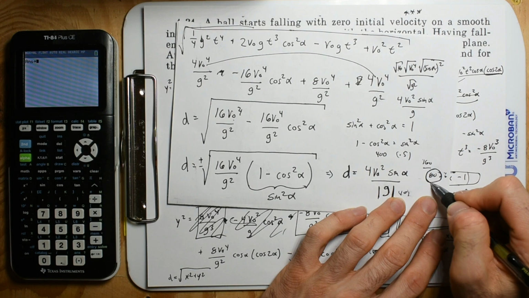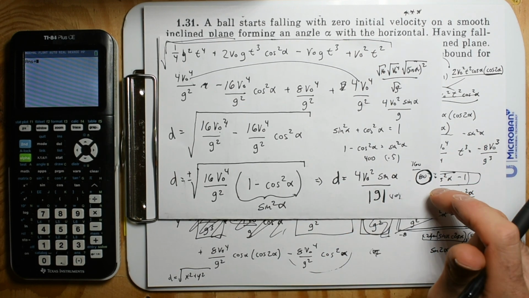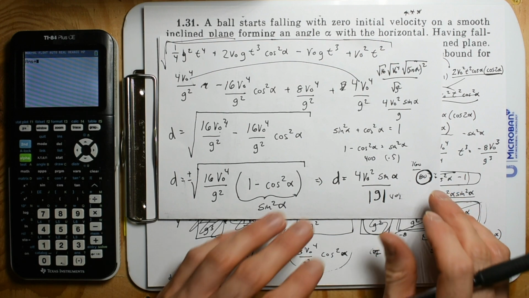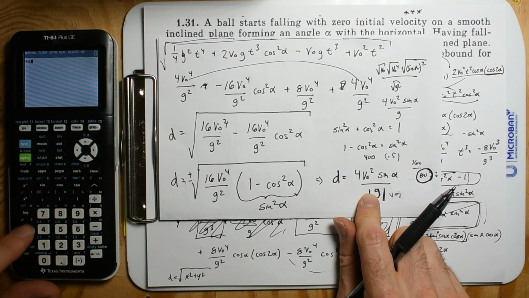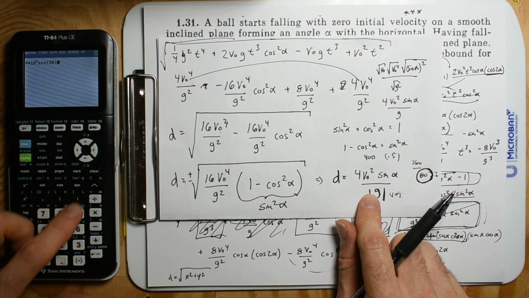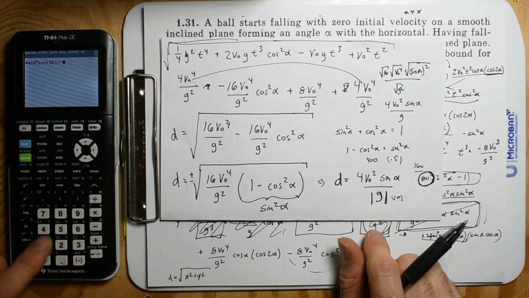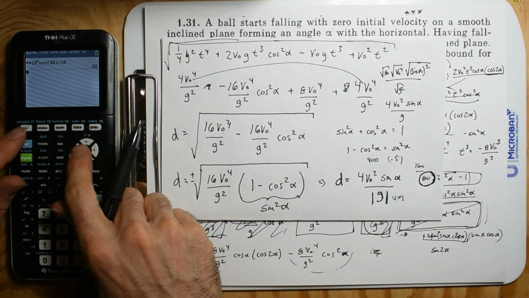The answer that I got was just really close to 80. I actually didn't solve it 100%. I just used my guessing skills, so we made that video. So we got 4 times 10 squared sine of 30 divided by 10. And no, that didn't work out.